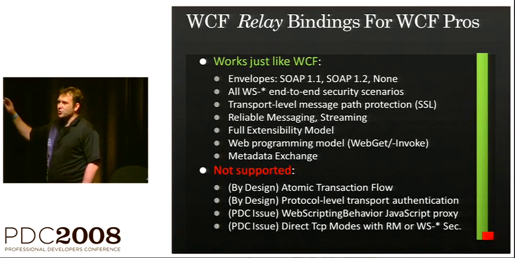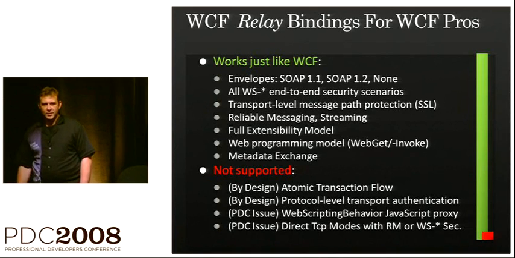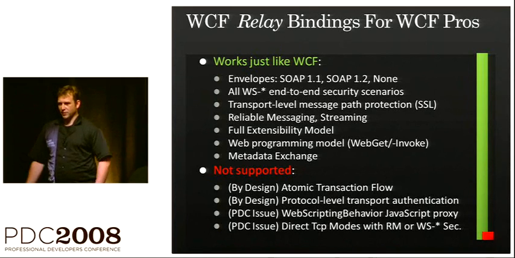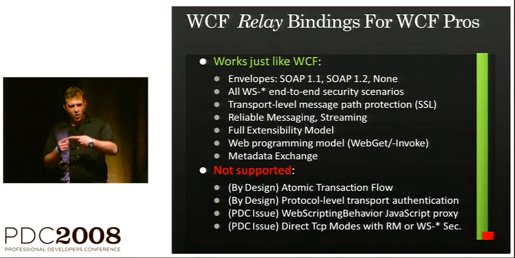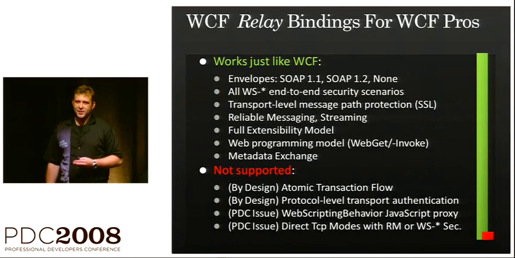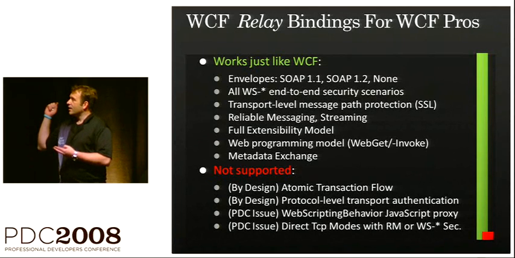Atomic transaction flow: we don't support it. Two good reasons for it. One, it's not a good idea. Second, if you think it's a good idea, I'll give you that.